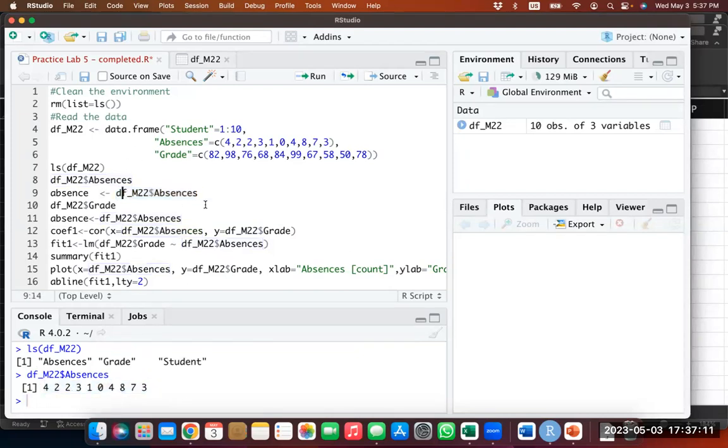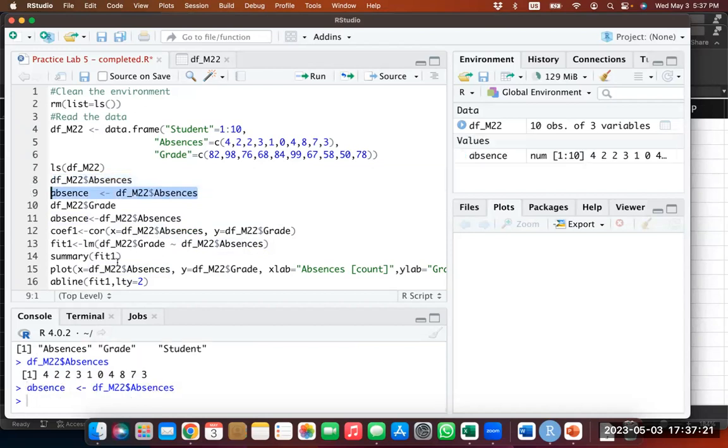If you want to pack this variable into a new object that you call absences, you would do it in this format. If you press control and return, it creates a new object that is called absences, and that contains the 10 entries from absences, but copies it outside of your data frame.